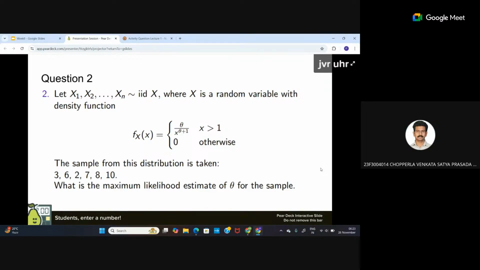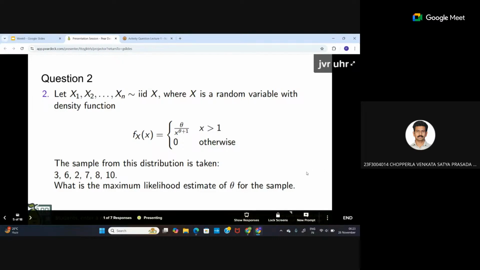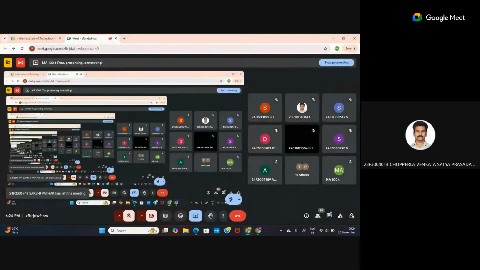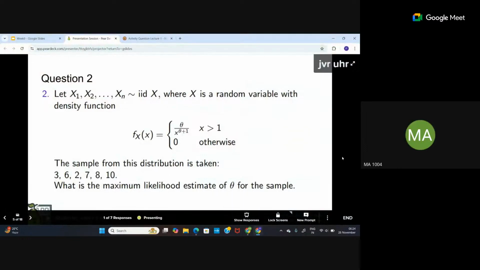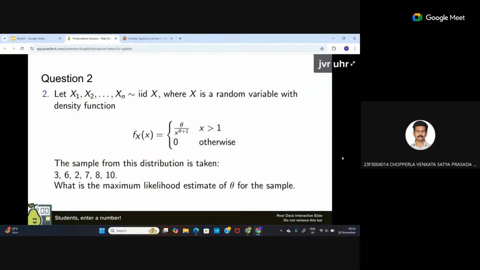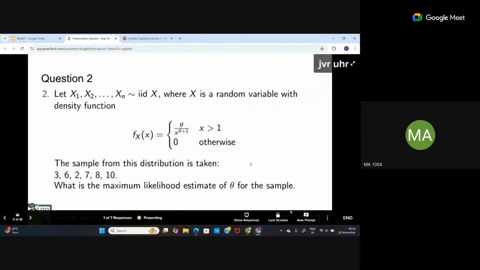Do we need to differentiate this x to the power of theta plus 1 directly, and equate it to 0 to find the theta value? First of all, in maximum likelihood estimate, what we do is find the likelihood function first, right?